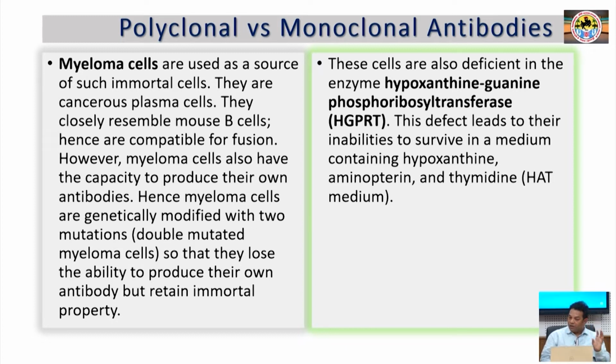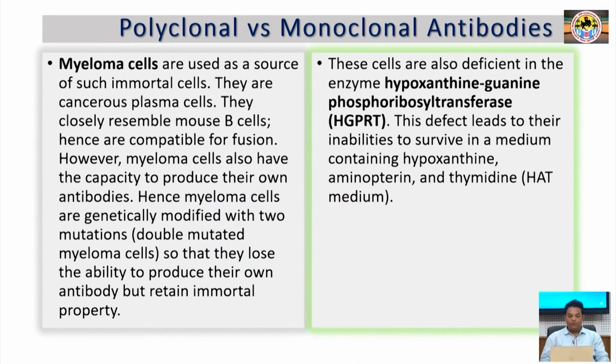So, we need the particular antibody-producing cell to bind or fuse with the immortal property of the myeloma cell. This we need because we want to grow it continuously. So, for a healthy antibody, we need a special antibody-producing cell fused with this myeloma property, or we can say the immortal property.